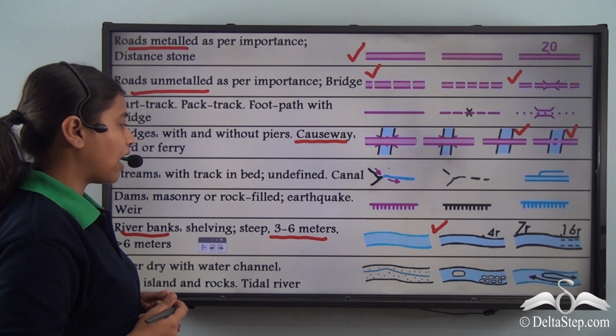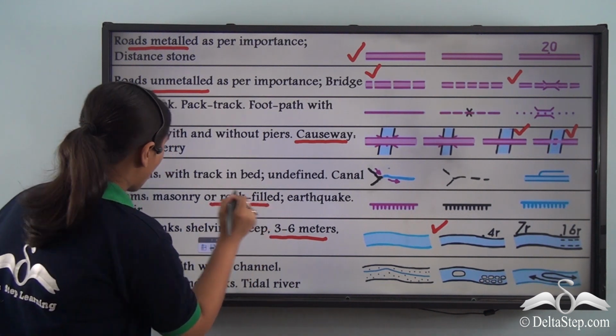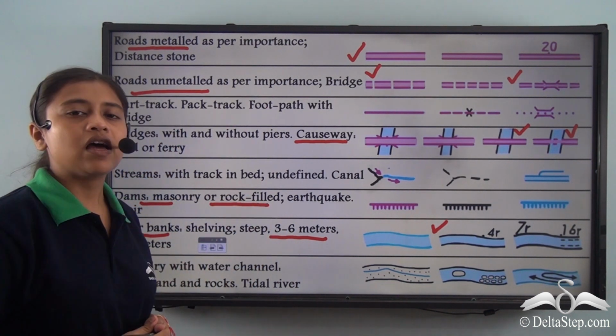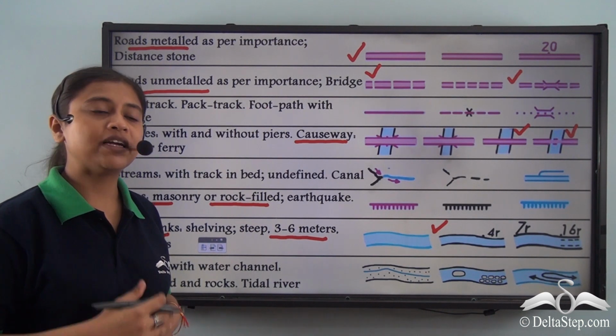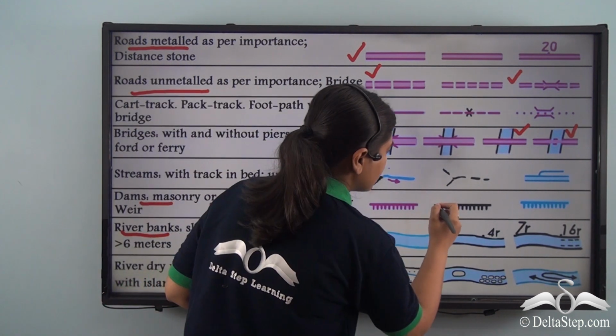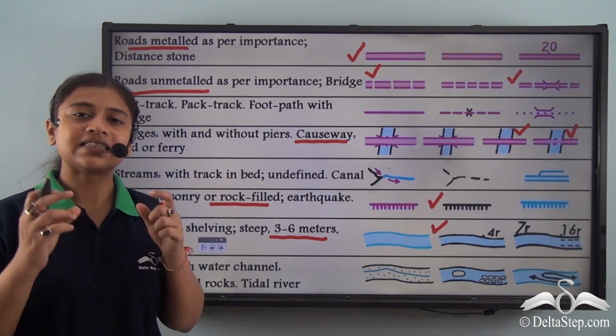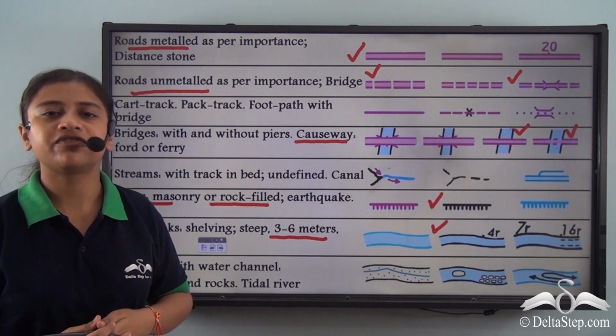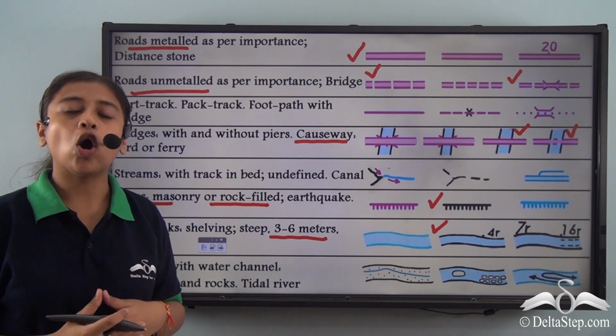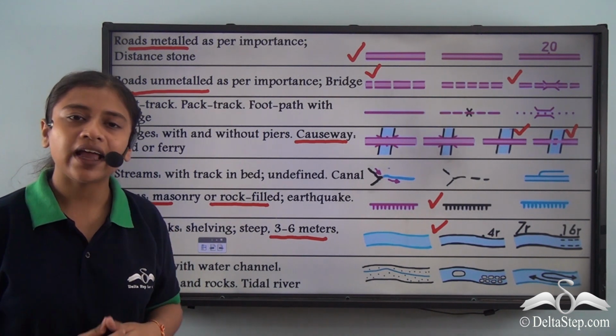Now talking about rock-filled dams. Rock-filled dams could be denoted as this. So you see, there is a symbol for every physical feature that might appear on any given geographical area.